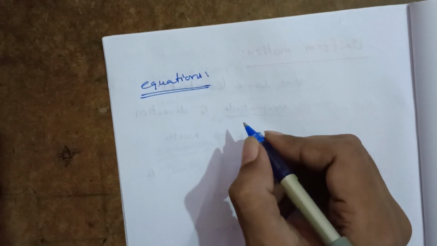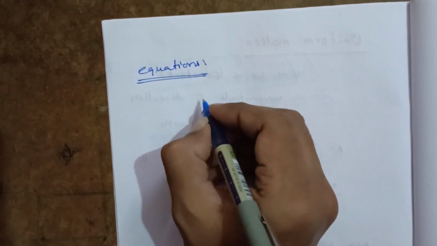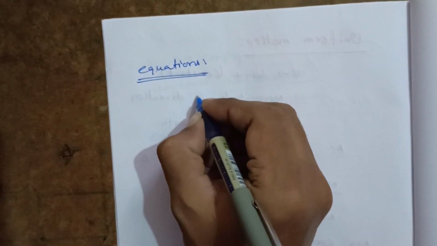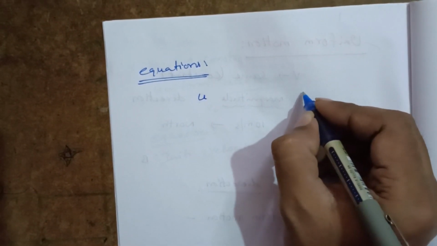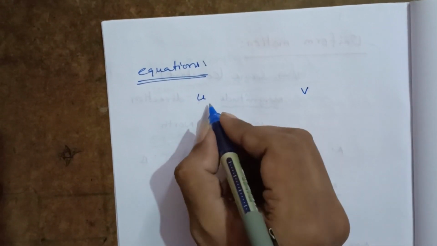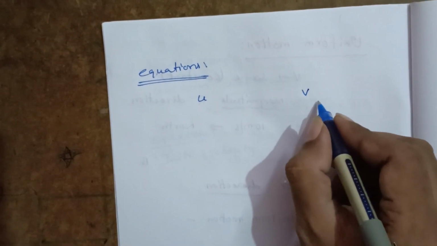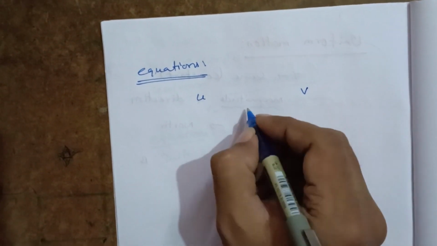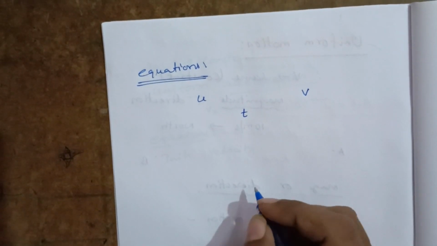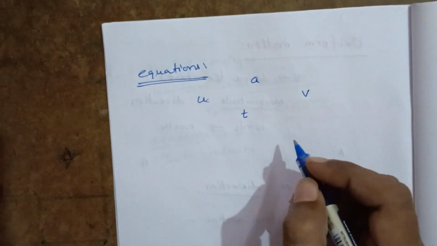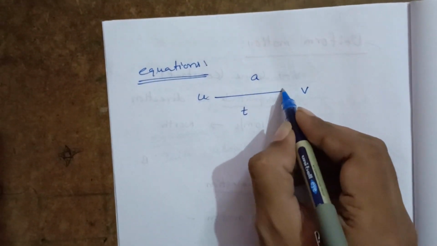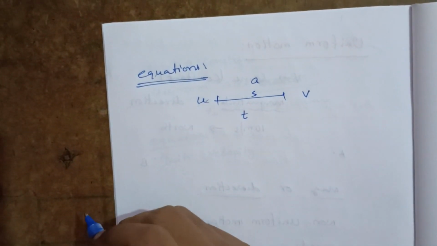Now we'll discuss the equations of motion. If a body started with velocity u and traveled, after some time velocity becomes v. So u is the initial velocity, v is the final velocity. Time taken is t, and due to the change in velocity, acceleration is a and displacement covered is s.